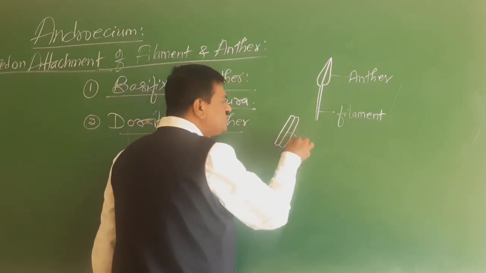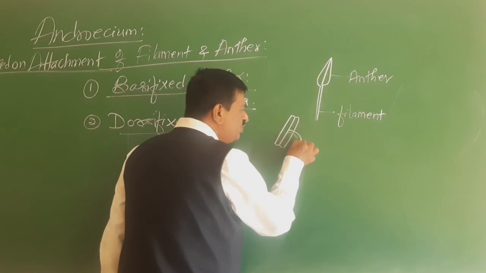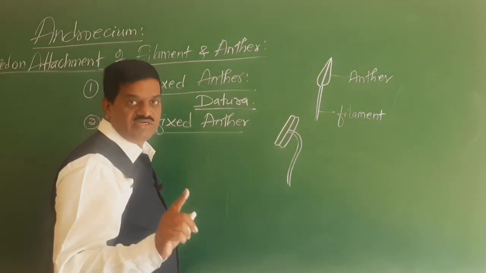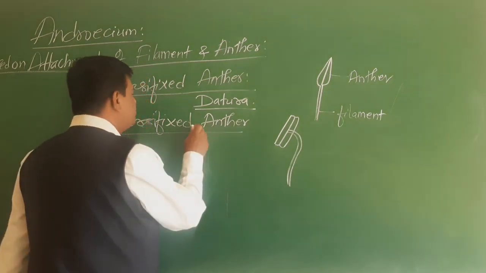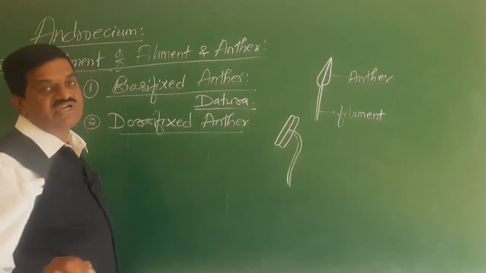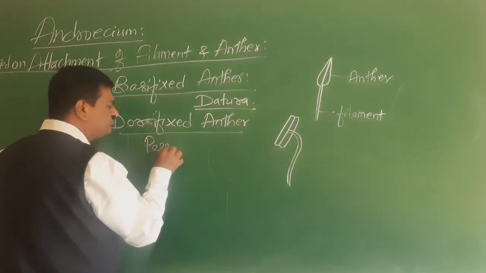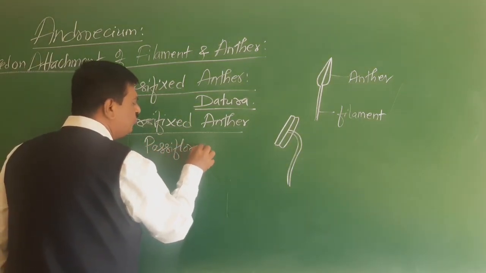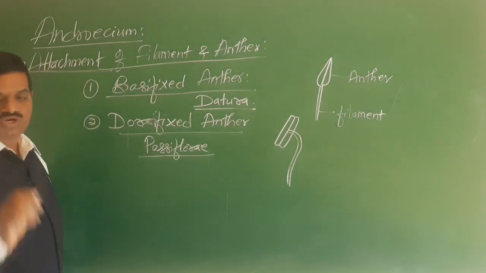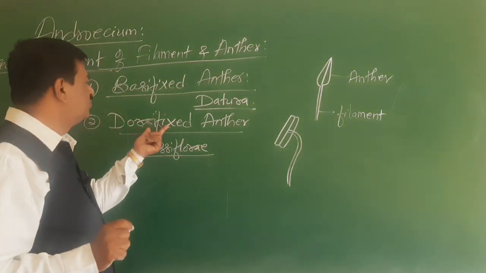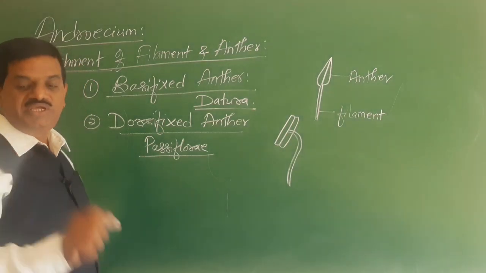On the dorsal side of the anther, the filament is present. This is called the dorsal side. So it is called dorsifixed anthers. This can be noticed in Passiflora, called the passion flower. In this passion flower, dorsifixed anthers can be noticed.